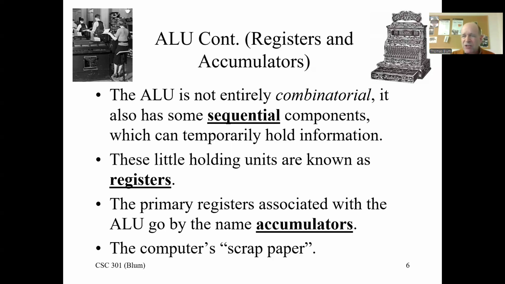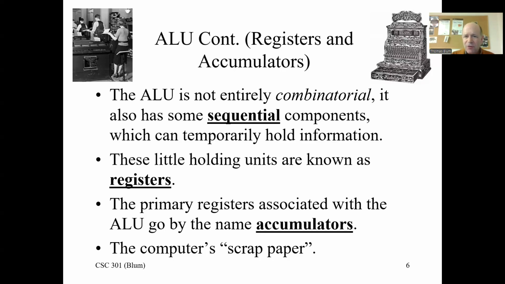We reach some state, and then some combination of the state and the inputs will determine our output. Such logic is called sequential. In a case like that, we need some way to hold on to our state, and this is where registers come in.